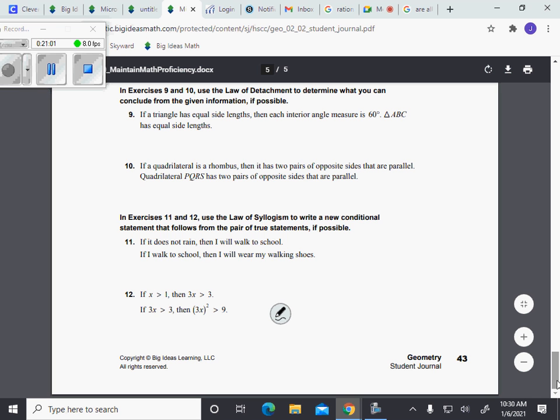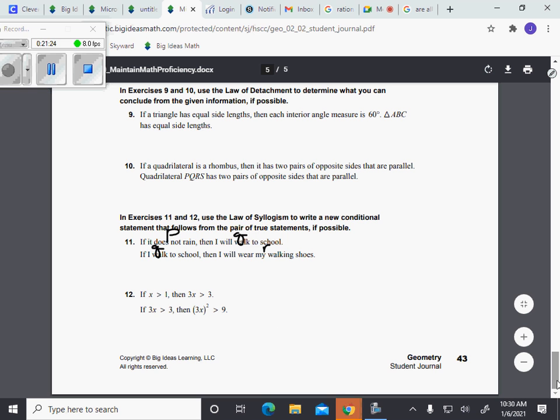So I have P, I have Q. If I walk to school, so that's the same Q, right? Then I will wear my walking shoes. That's R.